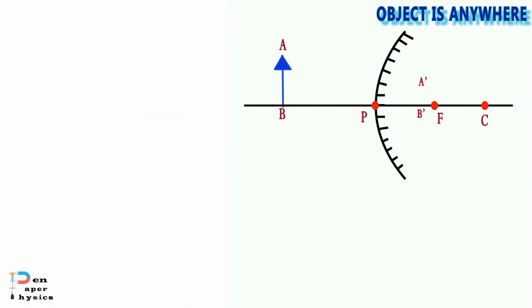Next case that we will study over here is object is anywhere. That means in case of a convex mirror, we don't have different position case studies. From point A, we will have two rays, a ray which is parallel to principal axis and a ray which appears to pass through the center of curvature.